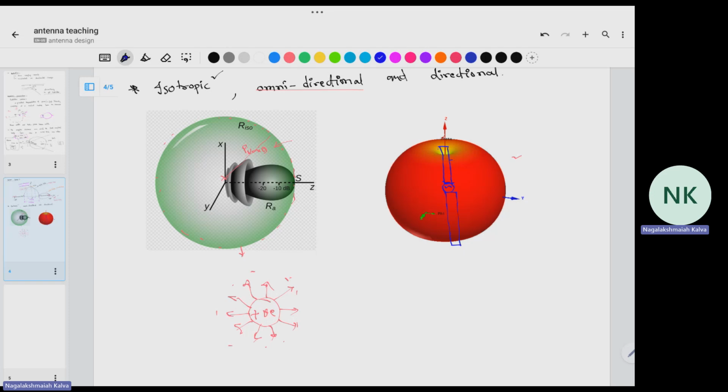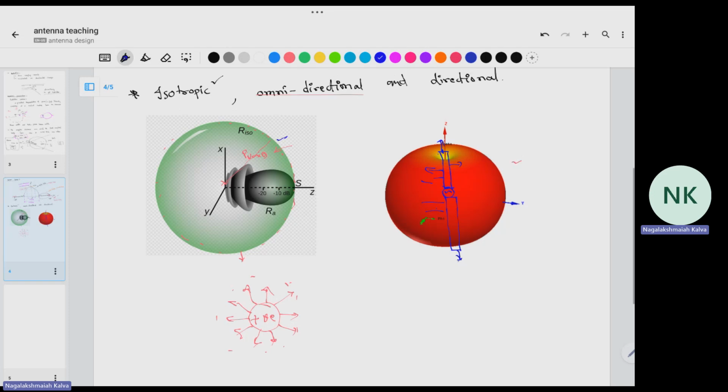The radiation comes all over this side and it won't radiate in this direction and in this direction. So nulls in Z positive and Z negative. And in the remaining directions, the intensity varies.